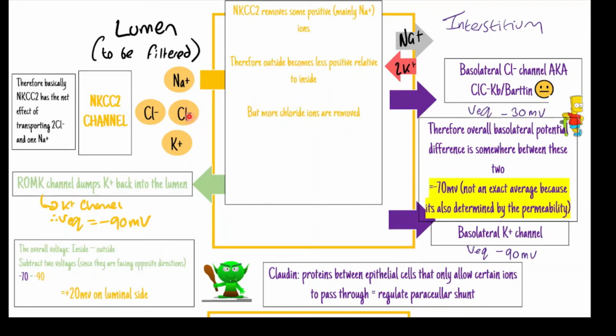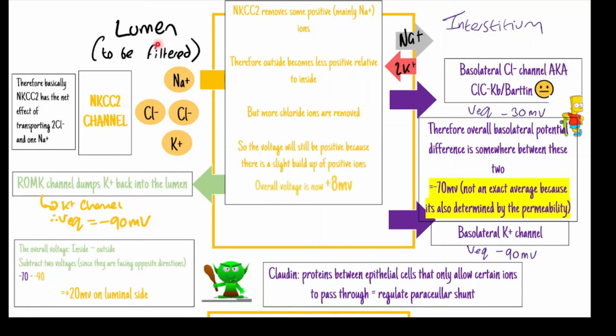But also remember, more chloride ions are removed as well. So it's not going to be 0 exactly, because there's still overall a higher amount of sodium ions. So what we're saying here is we're going closer to the 0 side, but it's not going to be 0 because we have more chloride ions removed than sodium ions. So there's still more positive charge, but it's smaller than plus 20.